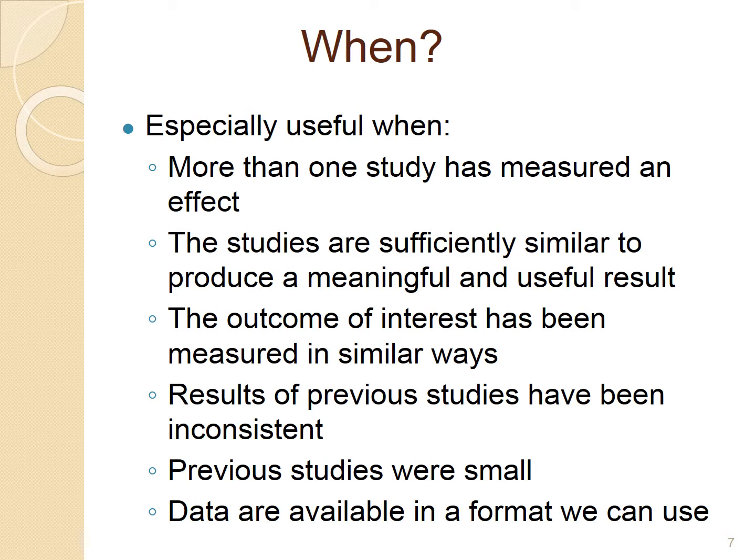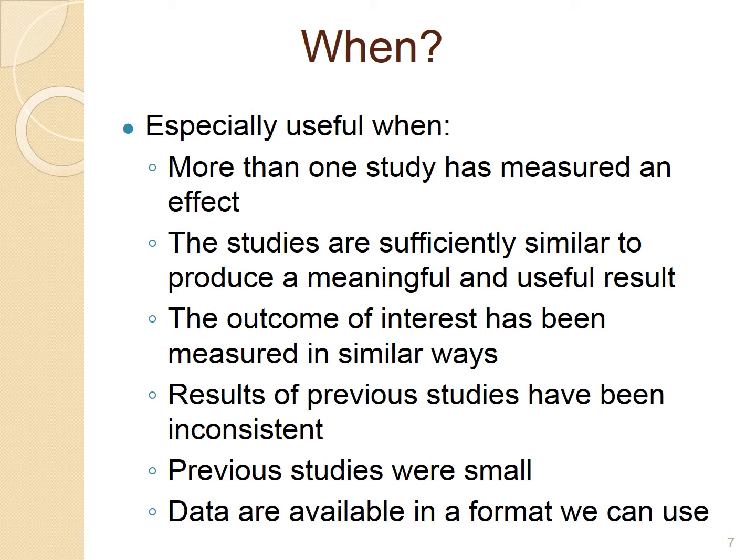Meta-analysis is useful when we have more than one study that has measured an effect, when studies are sufficiently similar to produce a meaningful and useful result, when the outcome of interest has been measured in similar ways, and when the results of the studies have been inconsistent.